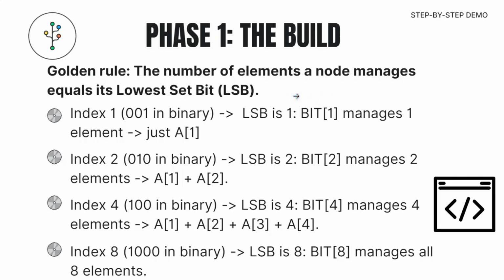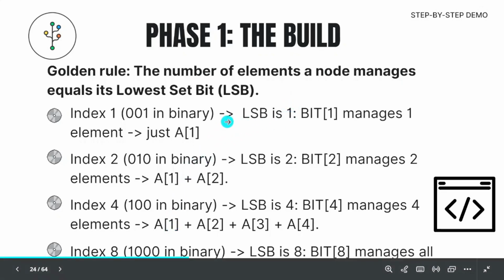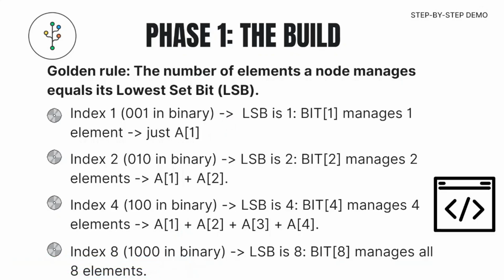To understand more about this, I have here 4 examples. With index 1, which is 001 in binary, its LSB is 1, and so bit 1 manages only one element, just itself, the A1. With index 2, which is 010 in binary, its LSB is 2, so bit 2 manages 2 elements, A1 and A2.